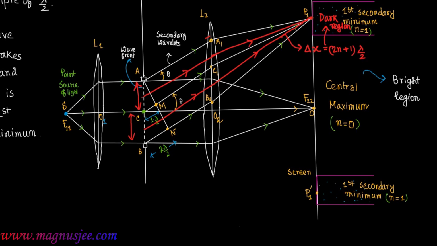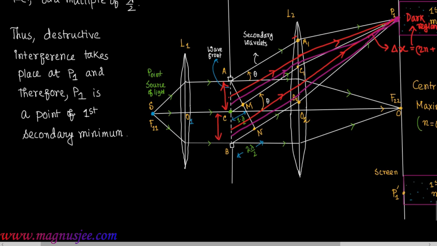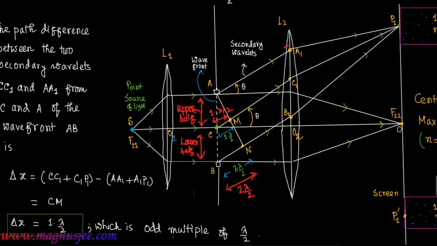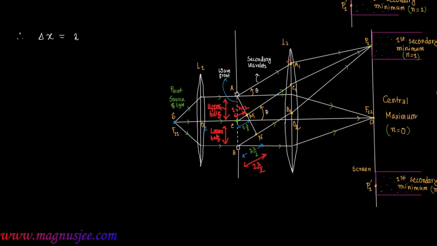So obviously these two secondary wavelets will form a dark fringe at the point P1, and similarly any two secondary wavelets coming from the upper half and lower half of the wavefront AB will form a dark fringe. That means destructive interference will occur.